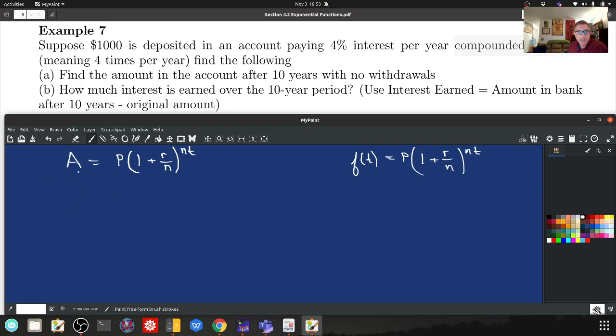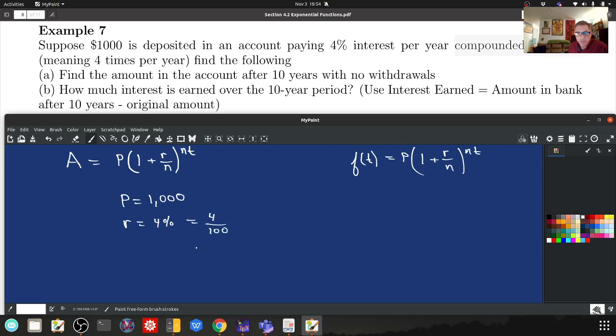So let's write down our givens. Our principal is equal to 1,000. Our interest rate is 4%, and you should change that into either a decimal or divide it by 100.